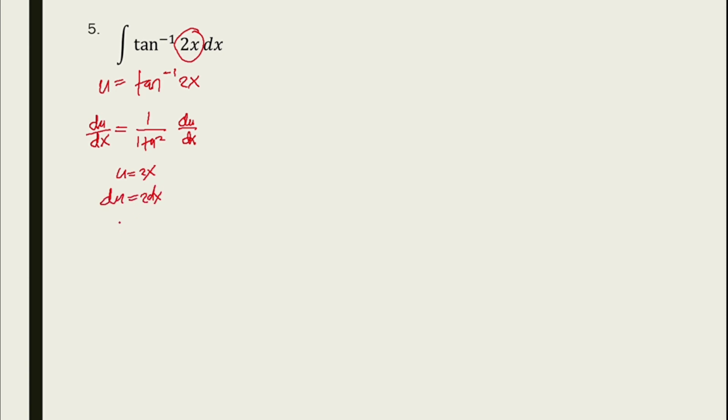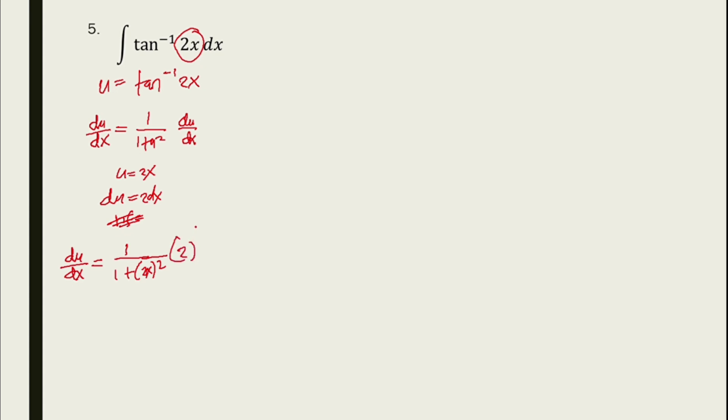So u is equal to 2x, du is equal to 2 dx. So therefore, by simply substituting here, we have du over dx is equal to 1 over 1 plus the u, which is 2x squared, and the derivative du is equal to 2 dx. du over dx is equal to 2 here.